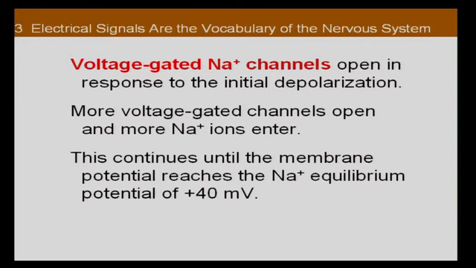The more voltage-gated channels open, the more sodium ions enter the cell, and this continues until the membrane potential reaches the sodium equilibrium potential of plus 40 millivolts, and it's again the Nernst equation that will tell you what the sodium equilibrium potential is.